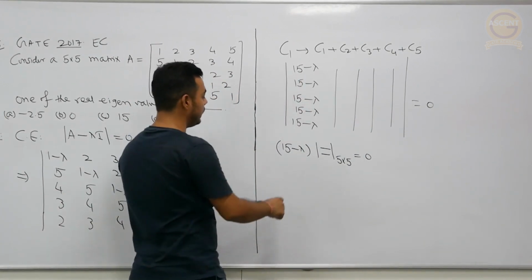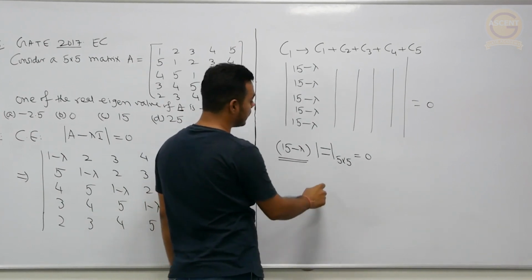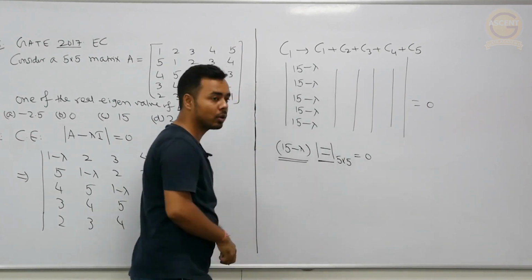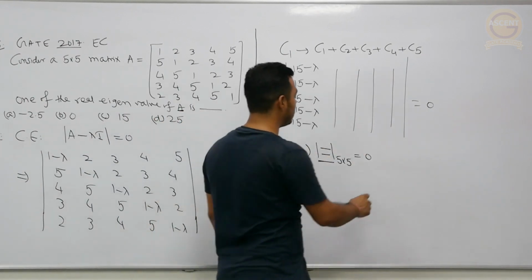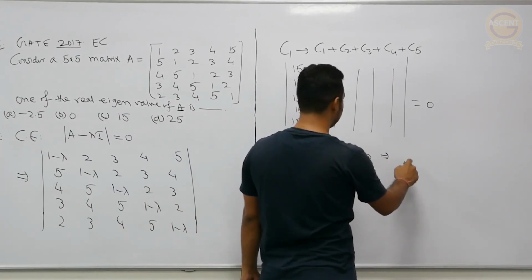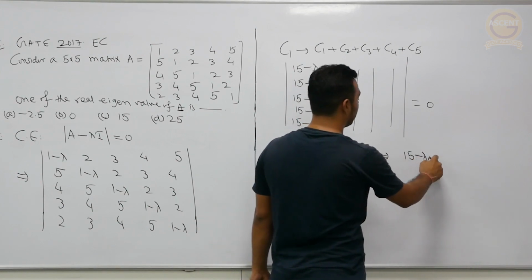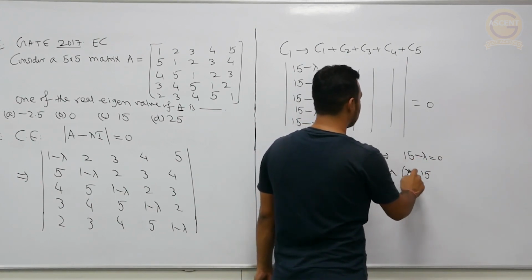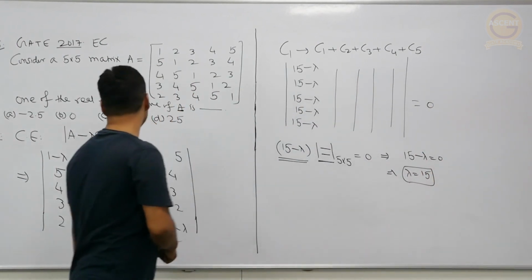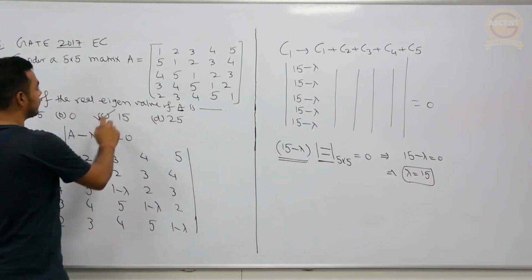So now you have two terms, one is 15 minus lambda and the other is this 5 cross 5 determinant, and the product of these two is 0. So this means at least one of them has to be 0. So 15 minus lambda will be 0, which will give you lambda equals 15. So this means one of the eigenvalues of this matrix is 15.